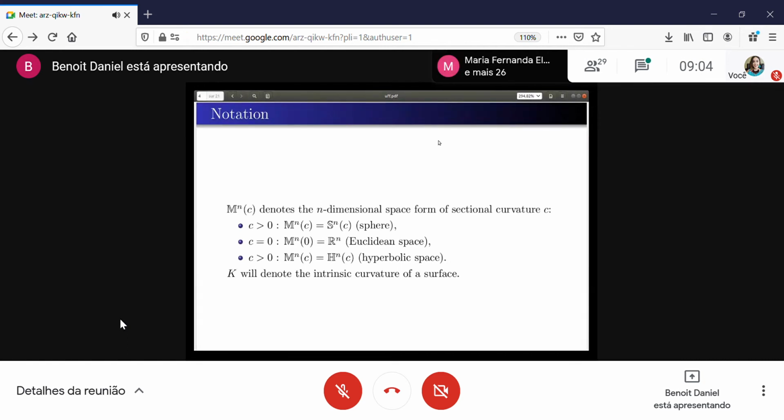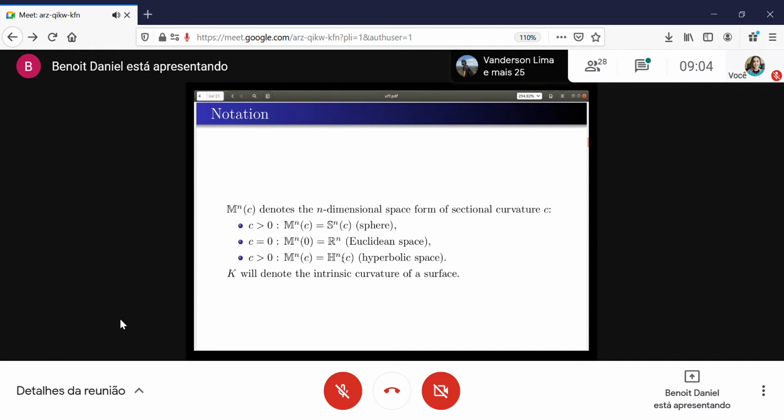I will denote by Mn of C the n-dimensional space form of sectional curvature C. So we have, of course, 3 cases. If C is positive, we have a sphere of constant curvature. If C equals 0, we have Euclidean space, Rn. And the third line is C negative.